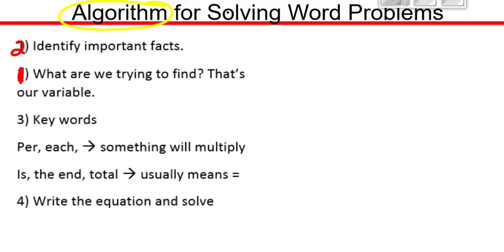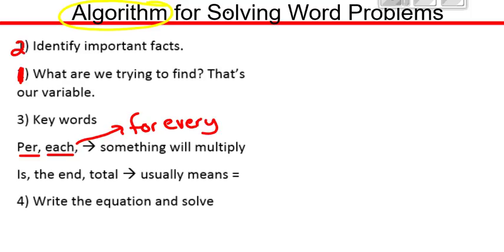And then keywords. We're going to do all these things by underlining or highlighting or some other method that you might use on your own that works for you. Keywords are per and each. Whenever you see those words, also something like for every, as soon as you see those words, it's automatic multiplication.